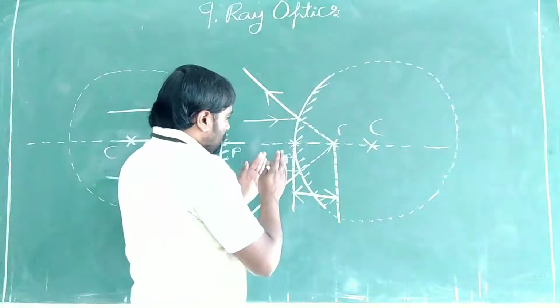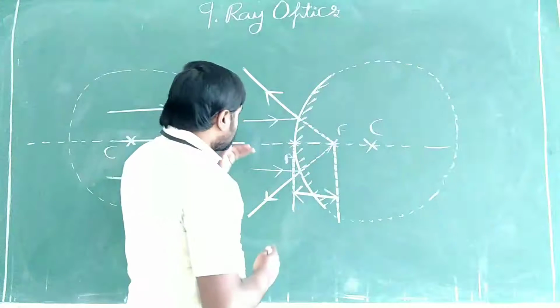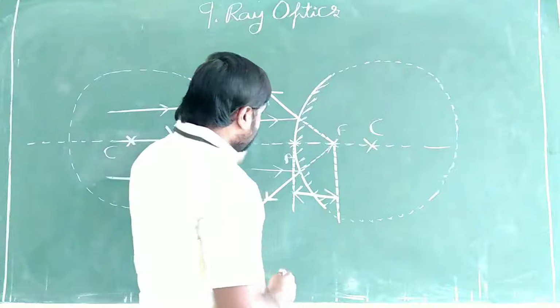Pole to focus is from left to right, and the direction of incident light is also left to right.